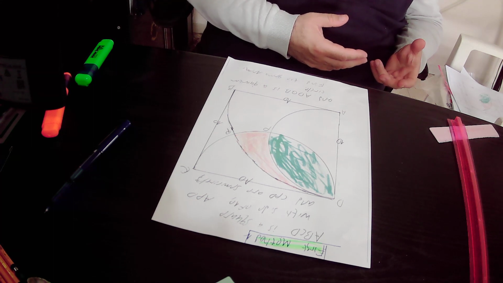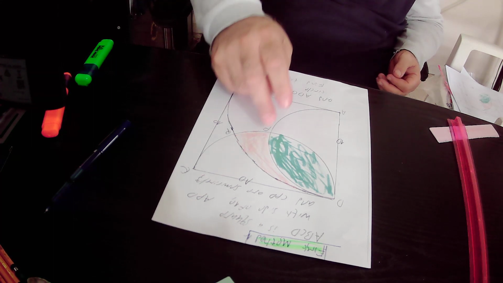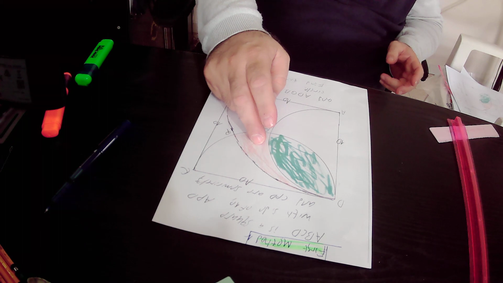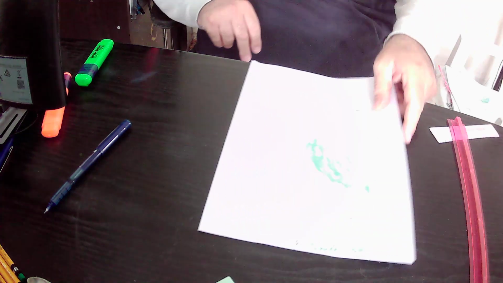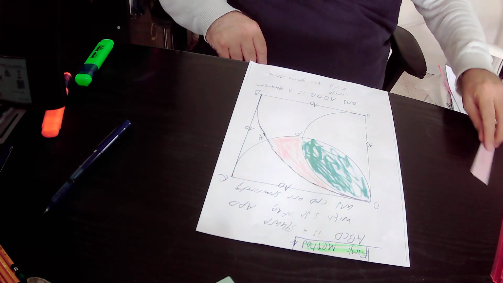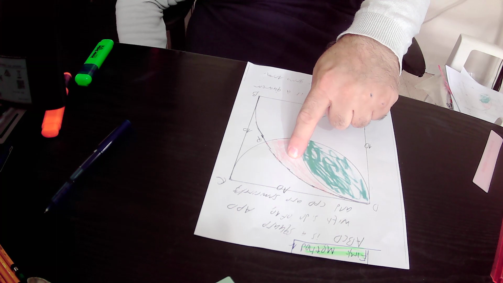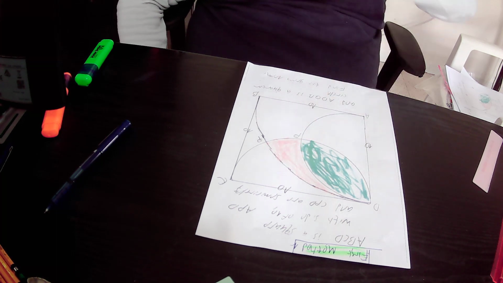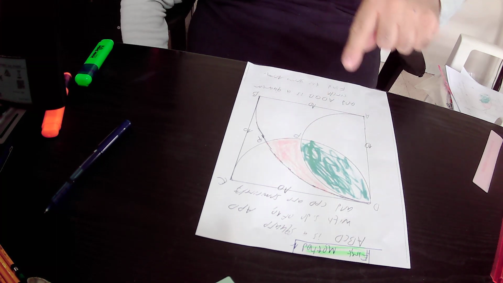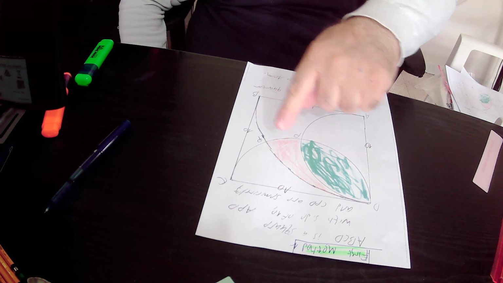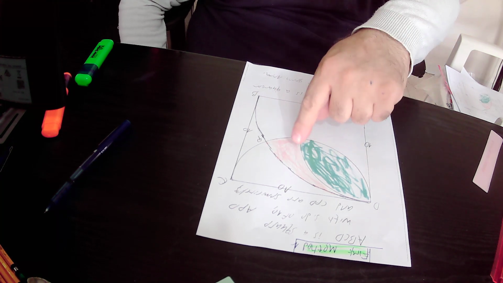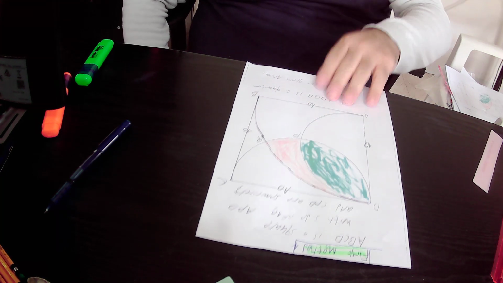We'll subtract the two areas from each other, and this way we get the area of this orange shape QPD. Anyway, in order to find the area of this orange shape, we must subtract from the area of the big lens the area of the blue lens.